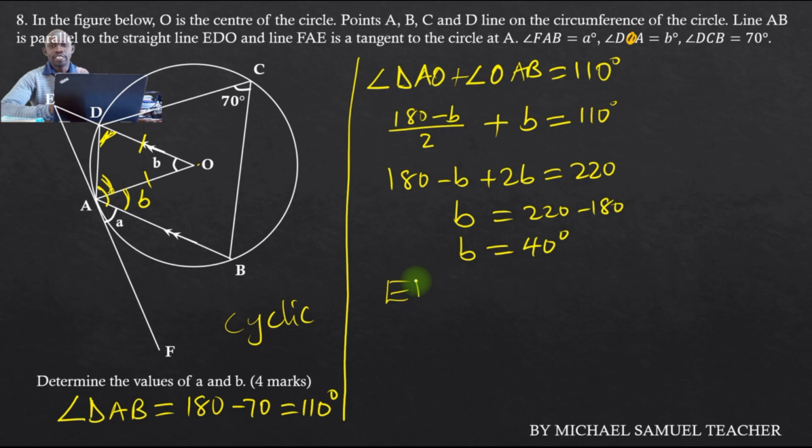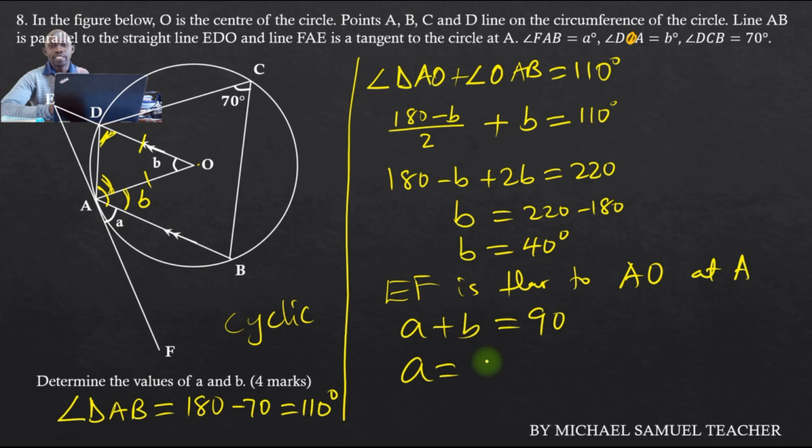So we say that EF is perpendicular to AO at A, therefore a plus b will be equal to 90, so a will be 90 minus b, which is 40, and therefore a is 50 degrees.